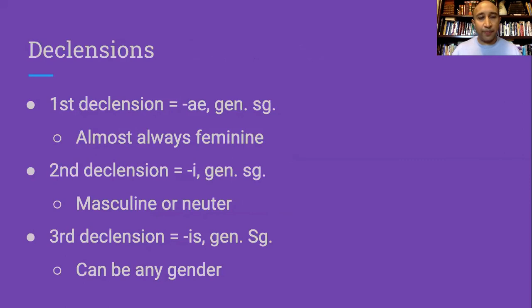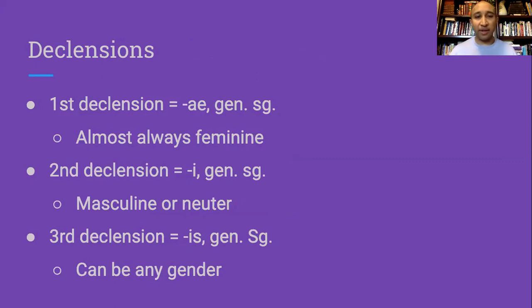Now, the last thing I want to touch on here is to go back to this idea of declensions. I said rex, regis, that is ending tells you that you are in the third declension. I want to briefly talk about how we can recognize the other declensions. So our first declension nouns are going to have an ae ending to its genitive singular, and they're almost always feminine.